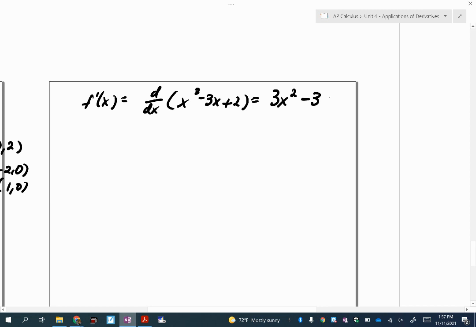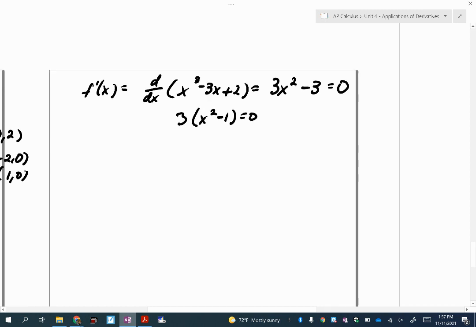And I want to find critical points, which means set this equal to 0 or find any values that make it undefined. I know that with a quadratic binomial, I'm not going to have any values that make it undefined, but I can figure out what makes it equal to 0. If I factor out a 3, I'm left with x squared minus 1 equals 0, and boom, that's a difference of squares. So I have x minus 1 times x plus 1 equals 0, so my two critical points are plus or minus 1.